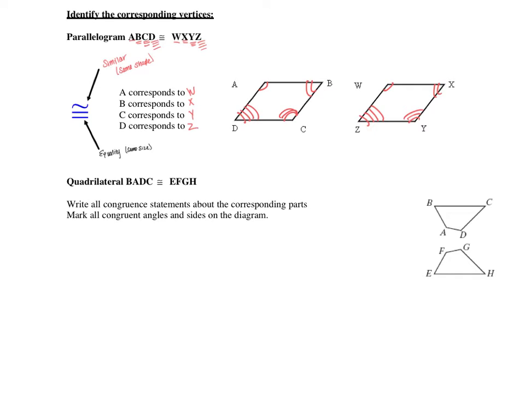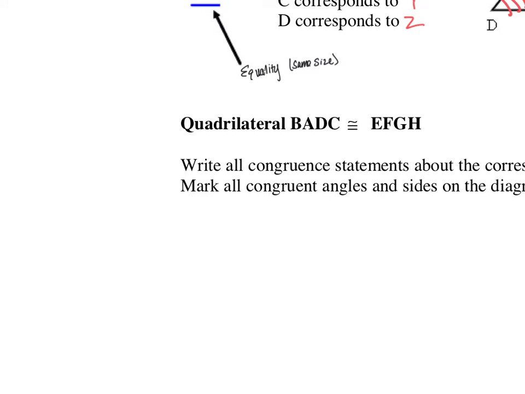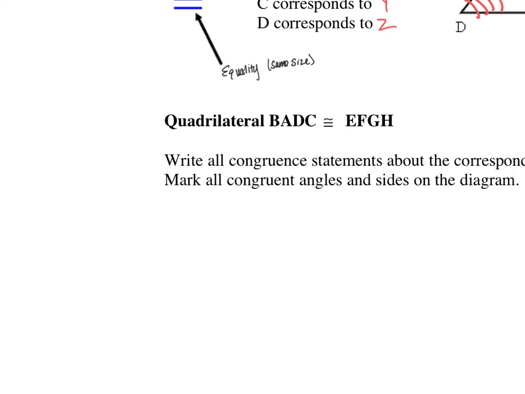The first thing we want to do is write all congruent statements about our corresponding parts and mark our angles and sides that are congruent in our image. So I have quadrilateral BADC is congruent to quadrilateral EFGH. Let's look at our angles first.